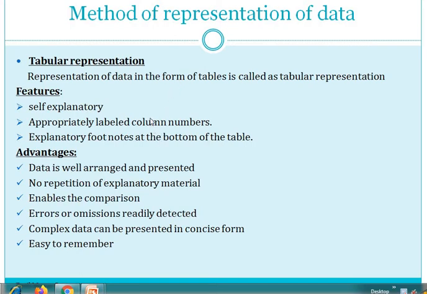Then we discussed the various objectives of classification. Then we learned some terms which are used in classification, like class interval, class limit, mid value or class mark, and class frequency.